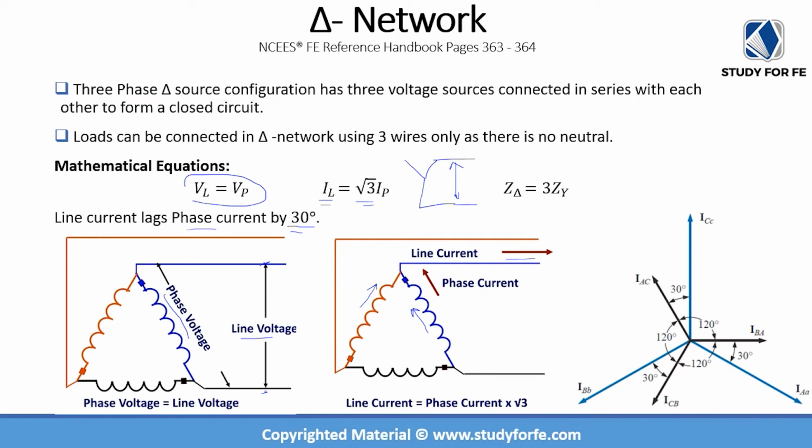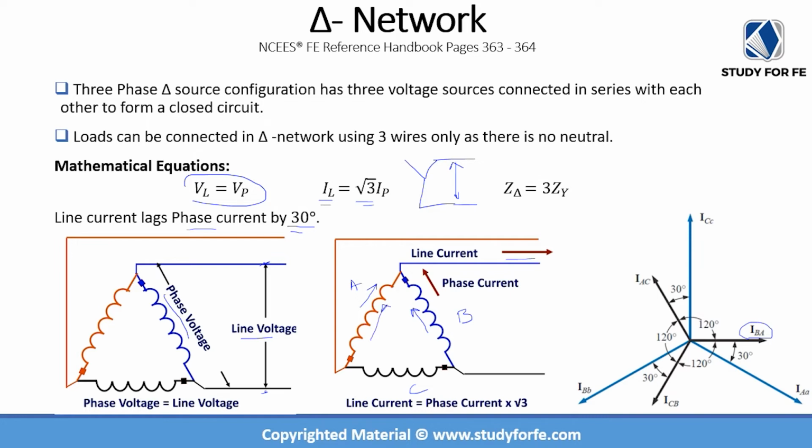Okay, and we can see that visually by looking at the vector diagram. In the vector diagram, you have IBA, which is your phase current between phases B and A. If I call these A, B and C, your IBA is basically this current.